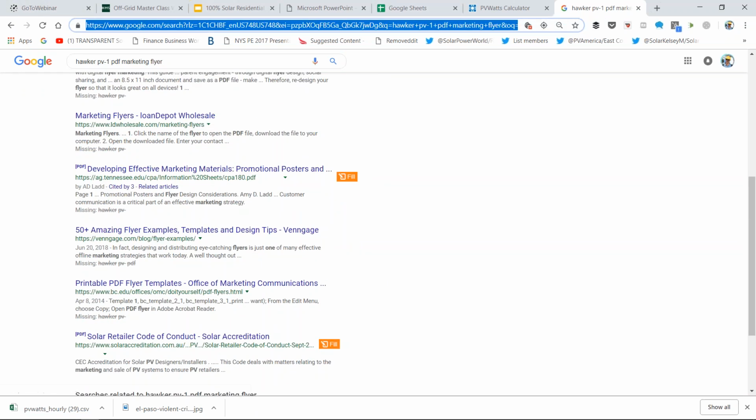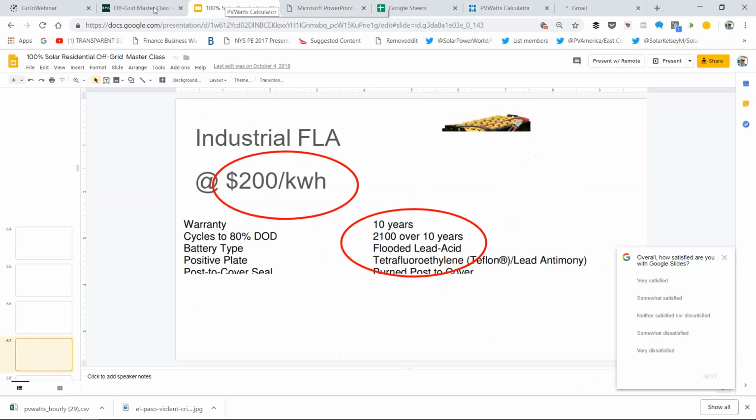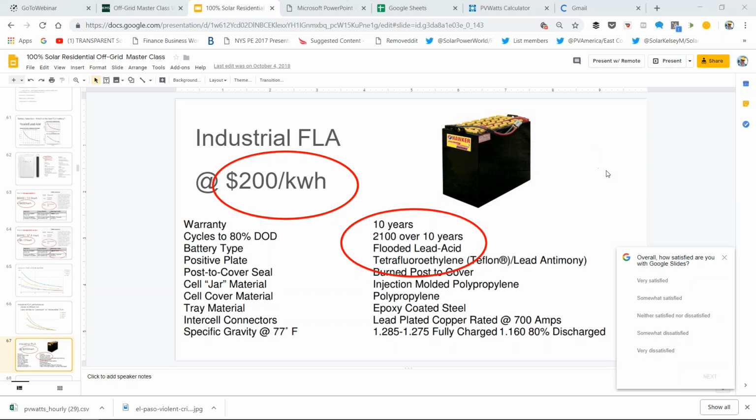I don't want to misspeak, so let me. Well, anyway, I'll pull that back up after when we start tomorrow. But the cycle rating is actually much higher than this. It's something like 3,000 cycles at an 80% depth of discharge now.